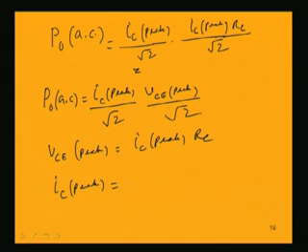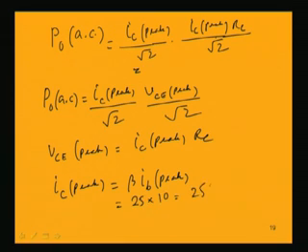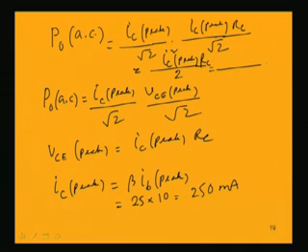We know the value of the base current peak, that is given as 10 milliampere, multiplied by beta, that will give you the IC peak. So, 25 into 10, 250 milliampere is the peak value of the IC current. Now, if we know this, we can put it here. This is nothing but 2 in the denominator, IC peak square in the numerator multiplied by RC. This will give you the value of the output power.